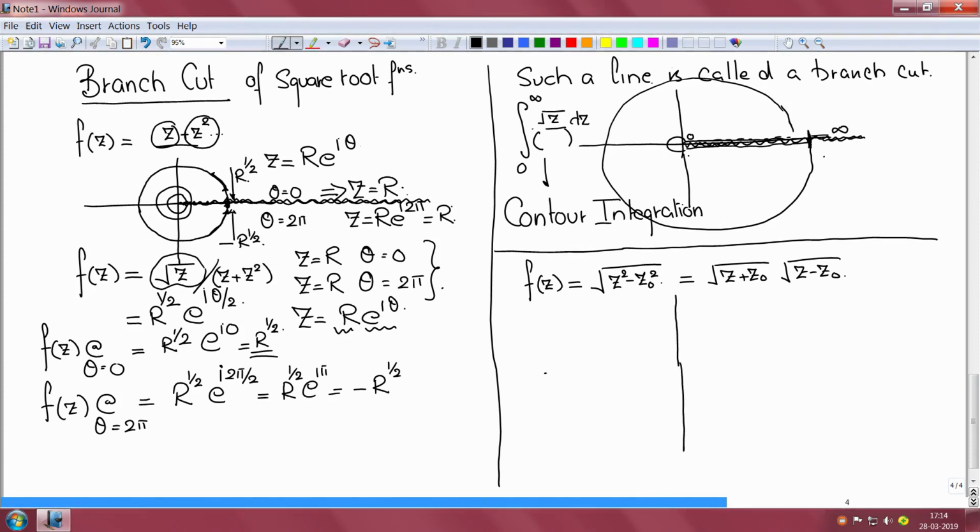This is the complex plane. Let us say my plus z0 is over here and my minus z0 is over here, and let us say my z is some point. So this is the phasor z minus z0, and this is the phasor or vector z plus z0.